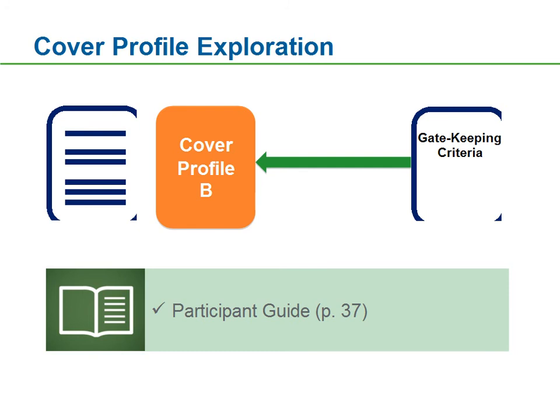Okay, so now we will apply the gatekeeping criteria to the same resource using cover profile B. And like I said, remember, another blank gatekeeping criteria template can be found on the wiki. Same place, you can just print it again or download it again.